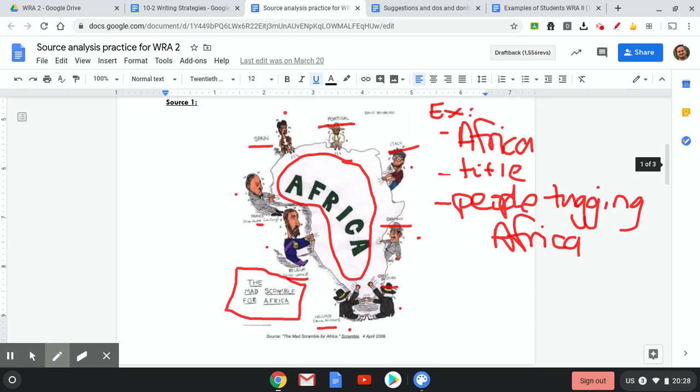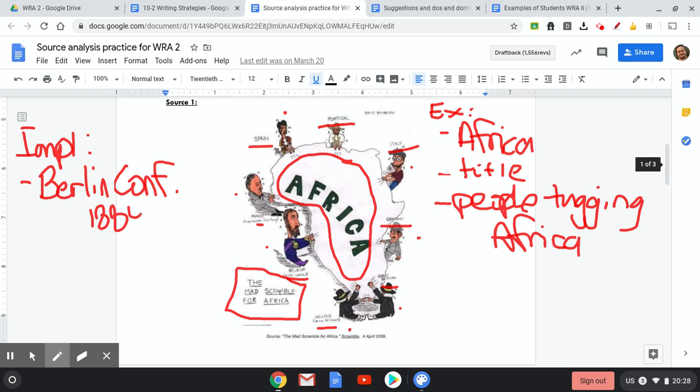But that's implicit. So for our implicit, let's do that on this side. This would be stuff like, well, we know the mad scramble for Africa, that came out of the Berlin Conference, 1884. This led to imperialism or colonialism.